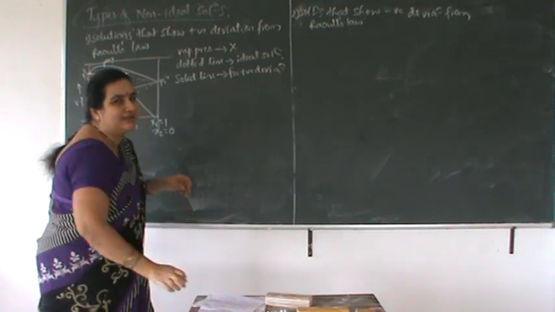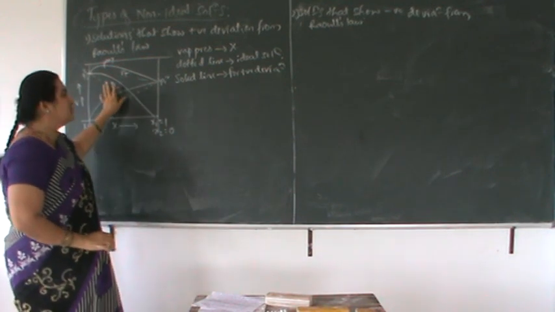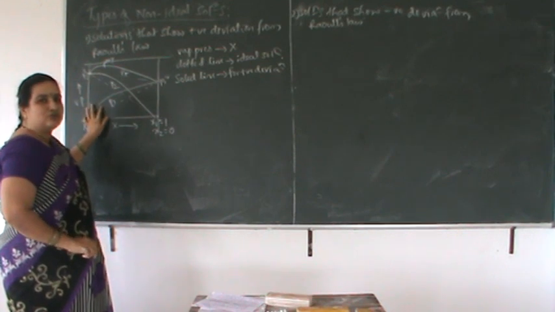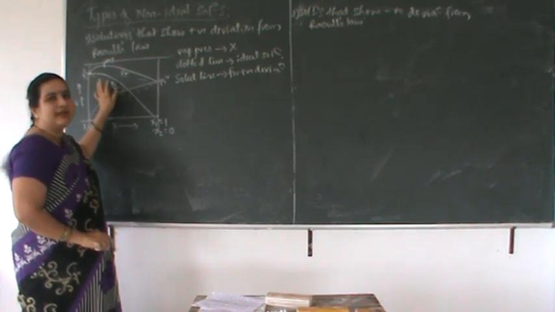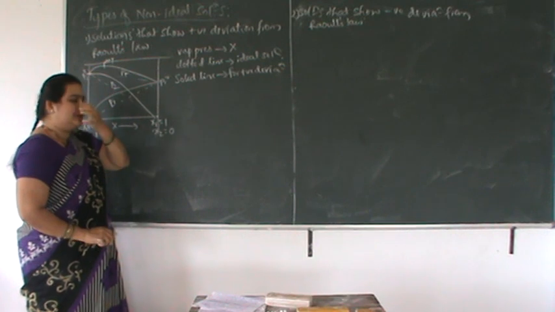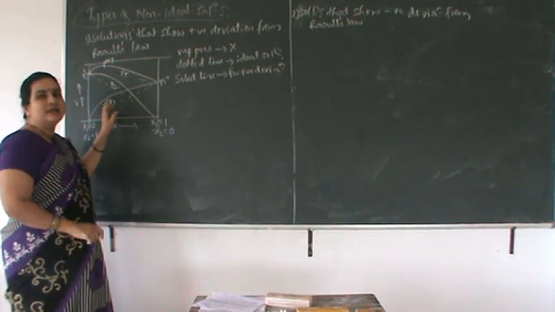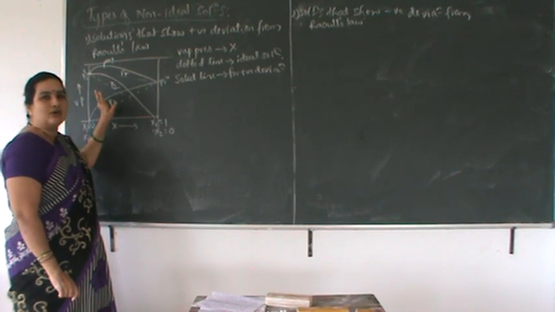As the graph indicates, every vapor pressure of the solution is greater than that in the pure components. That means the observed vapor pressure is greater than that calculated by using Raoult's law.